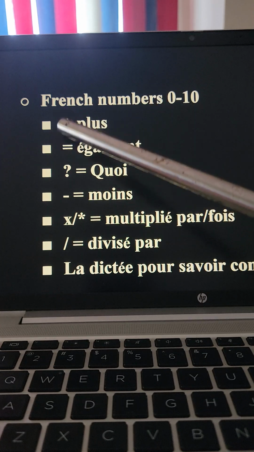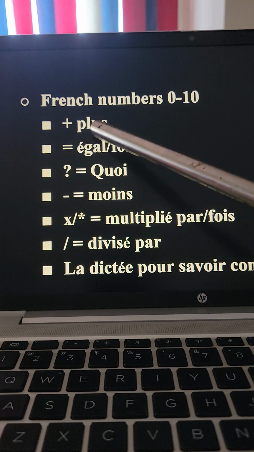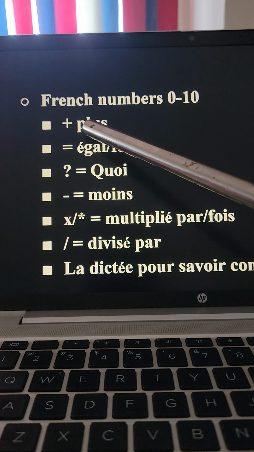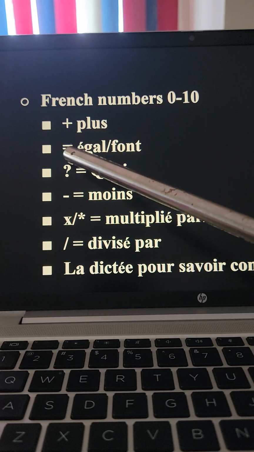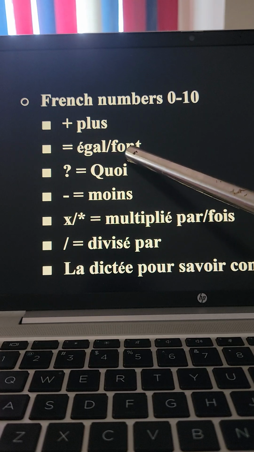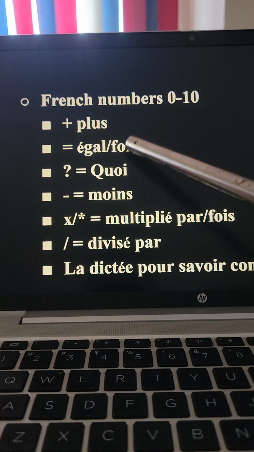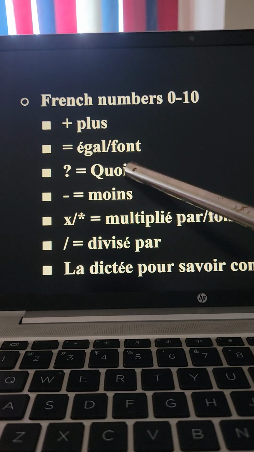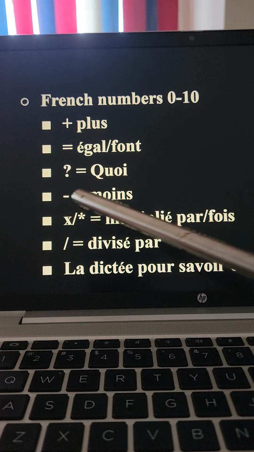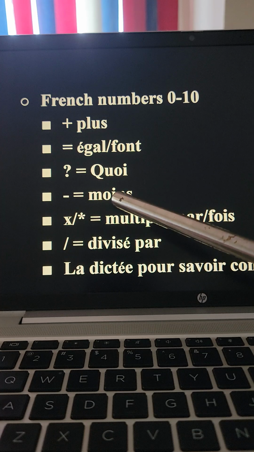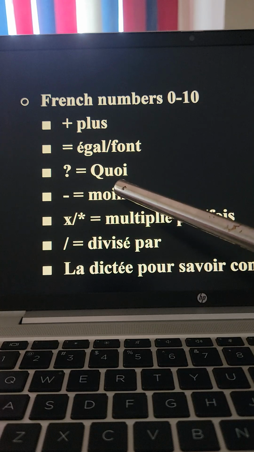So you can see this sign, which is plus, pronounced plus. This one is equals, égal, or you can say 4, égal 4, and then quoi, what, is equals to what. Then this is minus, which is pronounced like moi, just like the way you also write moi, and mois, which is moi.